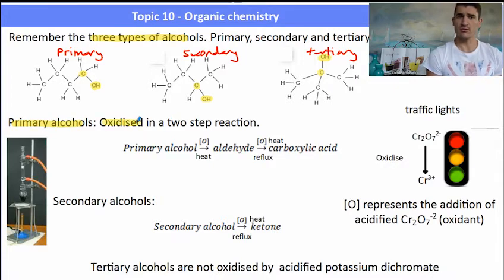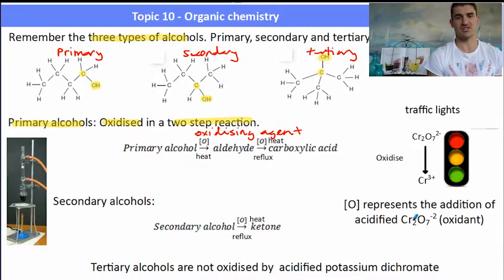So a primary alcohol oxidizes in a 2-step reaction where we add in an oxidizing agent, which is sometimes given a square brackets O, and our oxidizing agent is usually acidified potassium dichromate, which has the formula Cr2O7 2-.